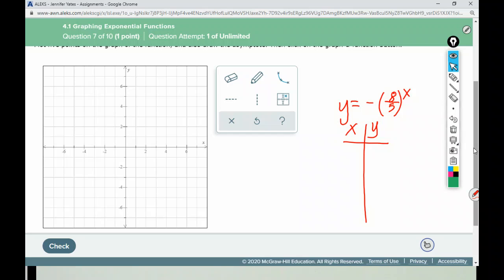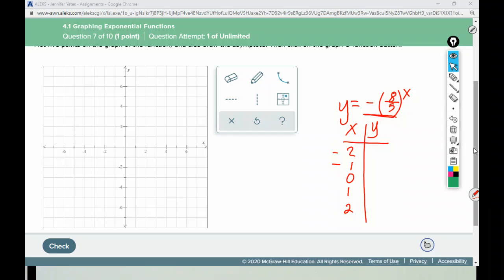Okay, so this isn't quite as pretty to figure out. So you're going to grab your calculator and make sure when you enter this in that you've got the negative and then the parentheses. If you don't, it messes it up.